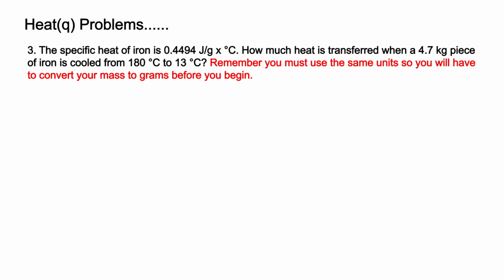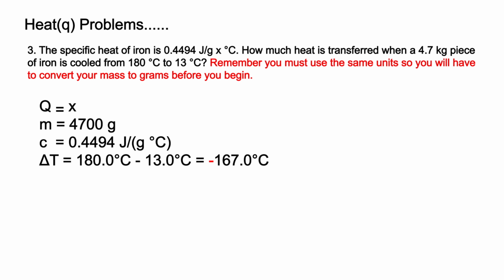Here, our Q, or heat, is unknown, or X. For our mass, we are going to make one step before we put in the number: 4.7 kilograms times 1000 grams, we will have 4700 grams.